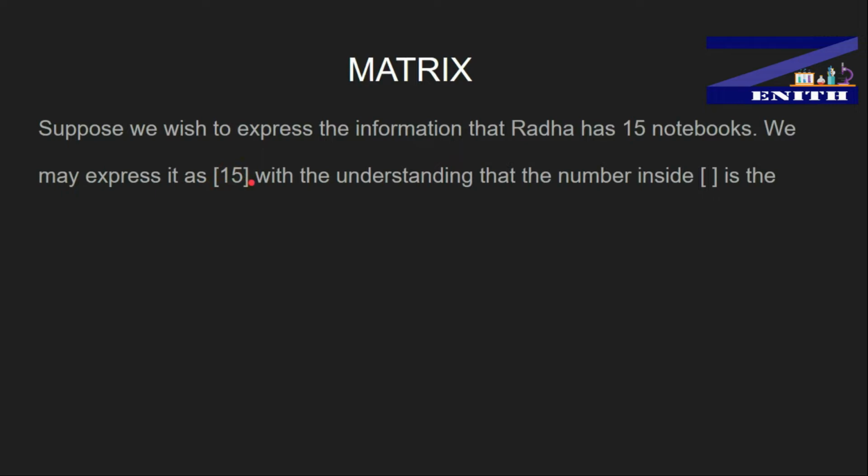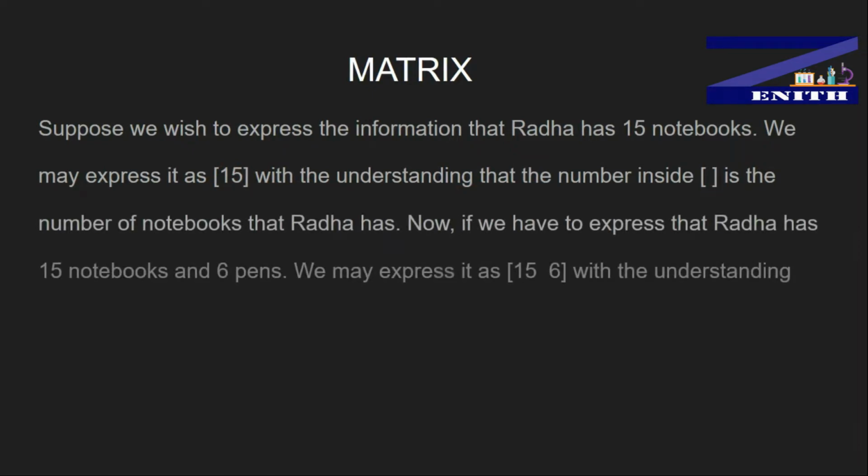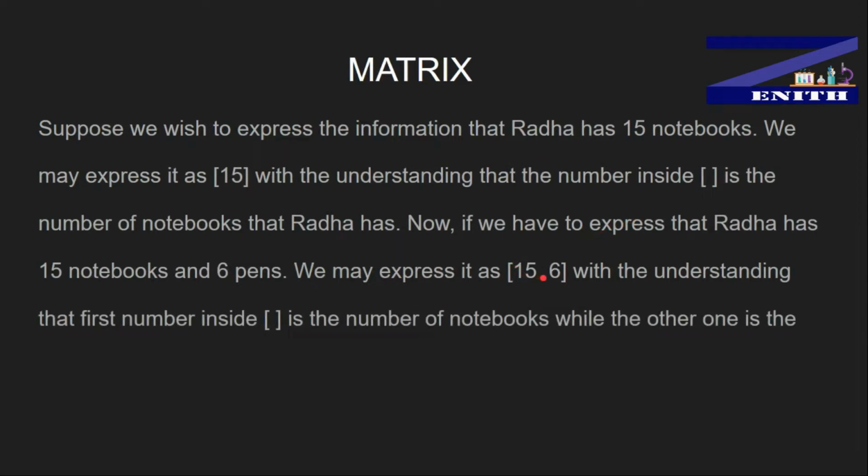We may express it as [15], and here the brackets are the notation of the matrix, with the understanding that the number inside this bracket is the number of notebooks that Radha has. Now if we want to express that Radha has 15 notebooks and 6 pens, we may express it like this, with the understanding that the first number inside the bracket is the number of notebooks and the second is the number of pens. This was all about the notation part.